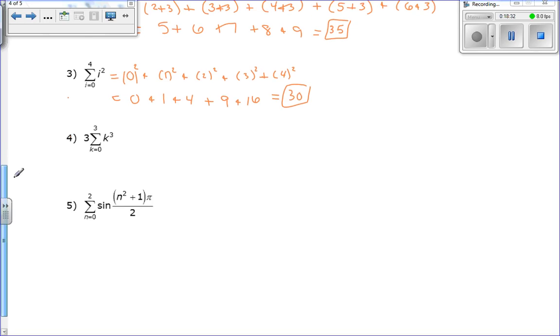Number 4 is a little bit different because we have a number out in front. So what we need to do is just take our answer and multiply it by 3. So it's 3 times, starting at 0, 0 cubed plus 1 cubed plus 2 cubed plus 3 cubed. I stopped at 3 because my upper limit says 3.